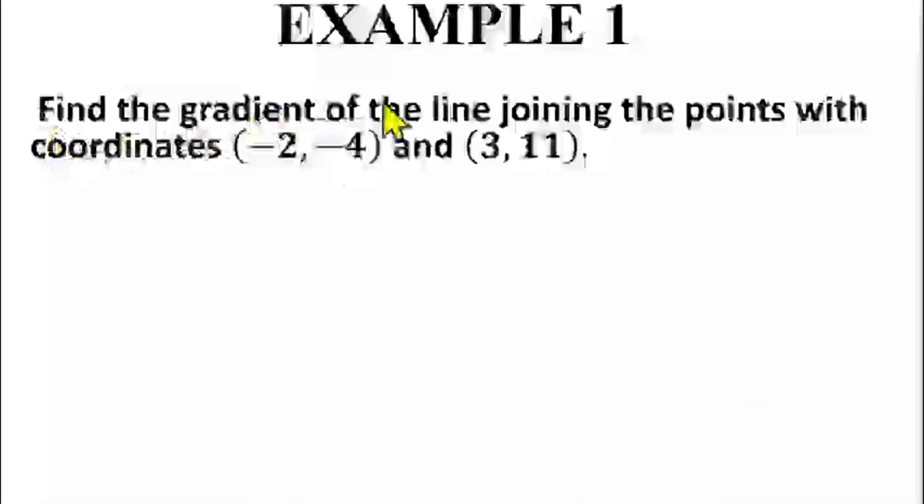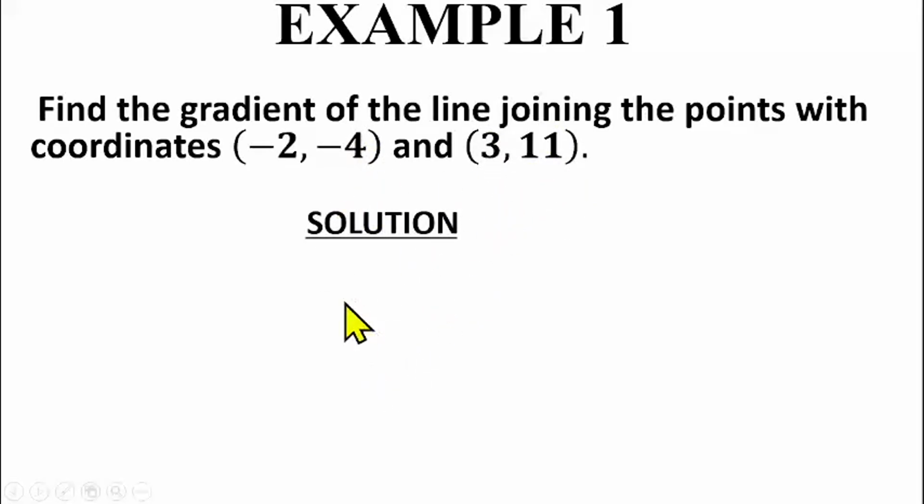Now we have to find the gradient of the line joining the points with this coordinate and this coordinate. So we have to find the gradient of the straight line that passes through this point and this point. And we know that from this first point, this will be our x1, our y1, x2, and our y2.